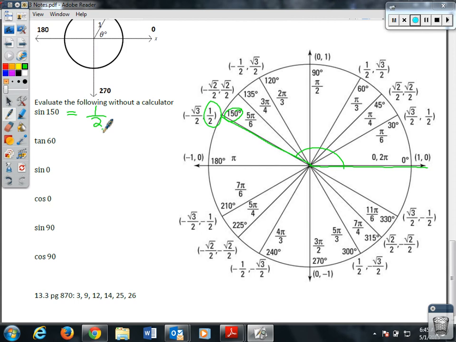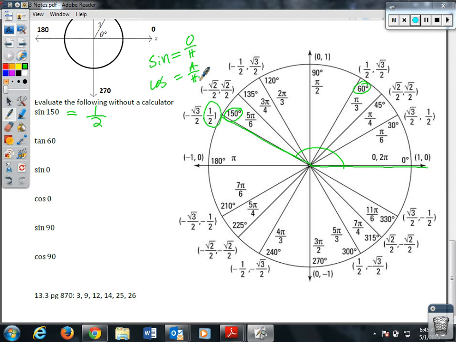Let's look at the tangent of 60. So here's 60. Well, tangent is, remember, opposite over adjacent. Let's think about this for a second. Sine is opposite over hypotenuse. Cosine is adjacent over hypotenuse.